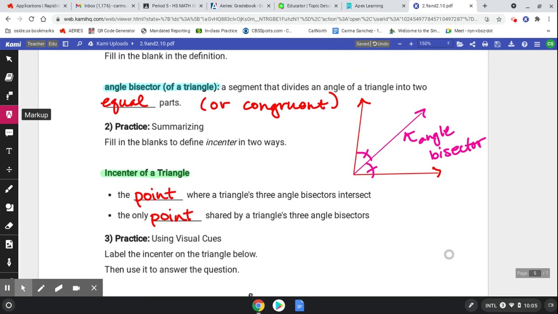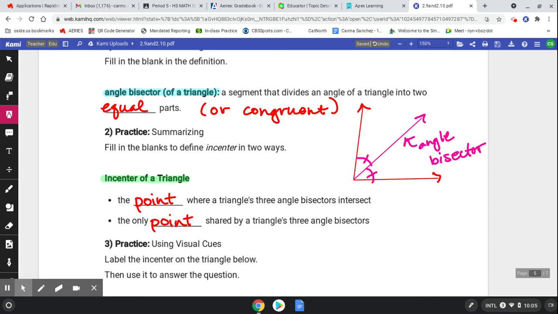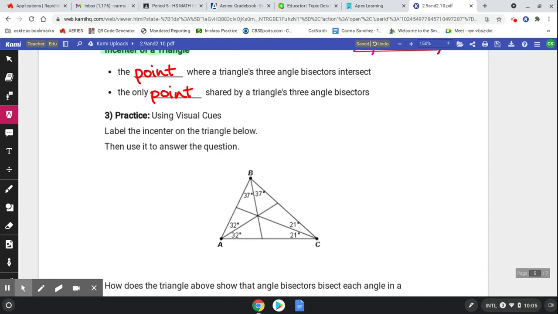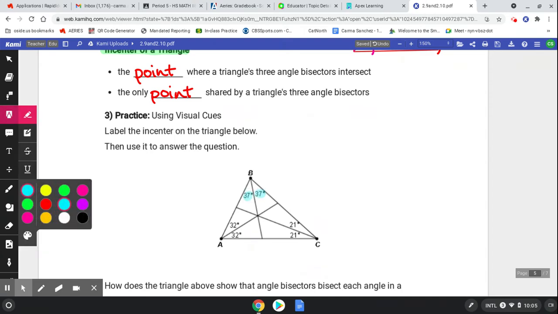Okay, so this over here is an angle bisector in terms of two rays, but let's look at these in terms of this triangle now. So notice that you can see that this is 37 and this is 37. That angle has been bisected. Notice here that you can see this is the same and they've been bisected. And finally, likewise here.